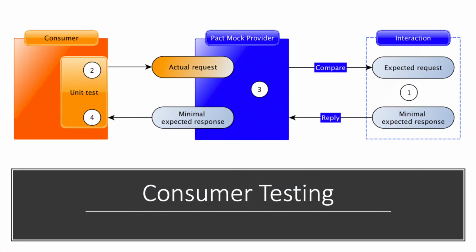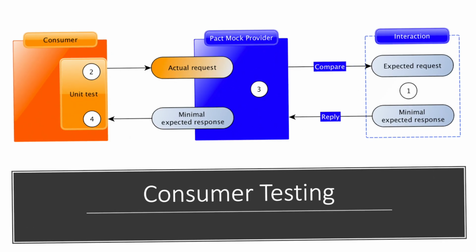The expected request and response are registered with the Pact mock server, and the consumer test code fires a real request to the mock provider, and the mock provider compares the actual request with the expected request and emits the expected response if the comparison is successful. And once the consumer test code confirms that the request was actually correct, then a successful assertion happens.